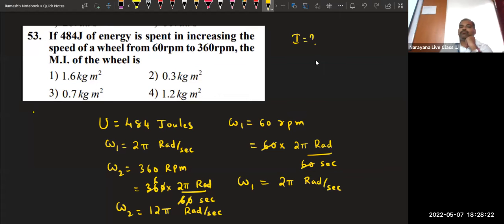Sir, can we take kinetic energy equal to half I omega square? Yes, we can proceed. Perfect. If you are using this much energy, the kinetic energy is also increasing in a similar manner. You are getting tired, you are consuming your energy, burning your calories. Where has that energy gone? It appears in the form of kinetic energy of that wheel, an increase in the rotational kinetic energy.